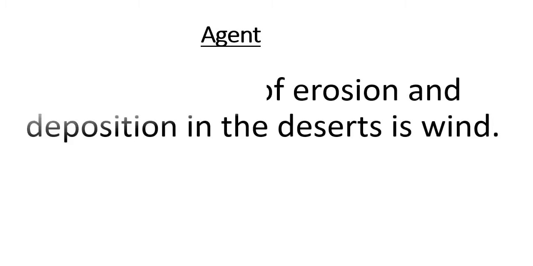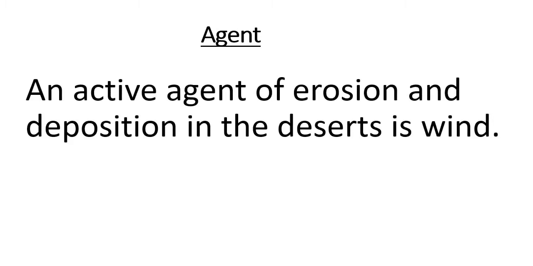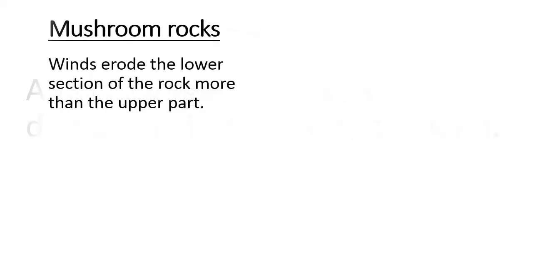So wind is an important agent, an active agent of erosion and deposition in the desert. Blowing air is called wind. Because of the blowing of the wind, these are the important features which are formed by wind.